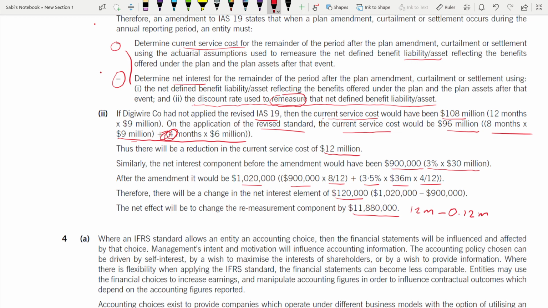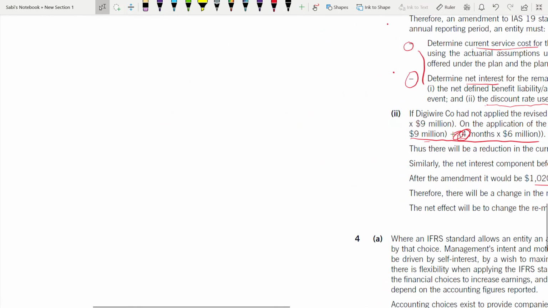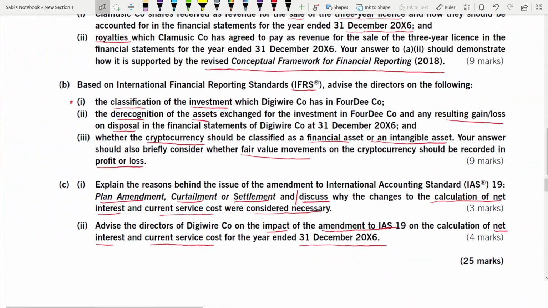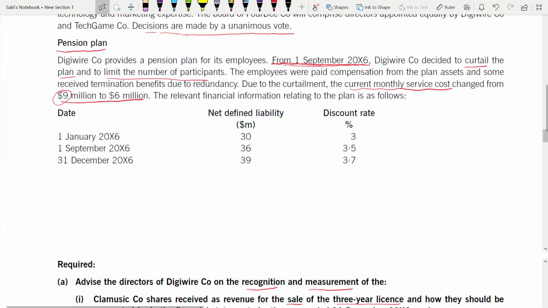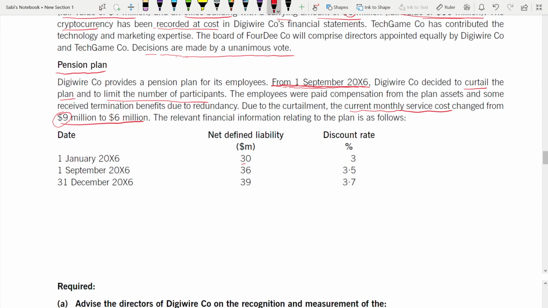The difference between the net interest and the current service cost. Let's see how 3%, that is, we'll work out the percentages. Here on 30 you are taking the 3%. Then you are taking 36 into 3.5%. You are not taking this, so ignore this. From 1st of September to 31st December you are taking 3.5% on 36.